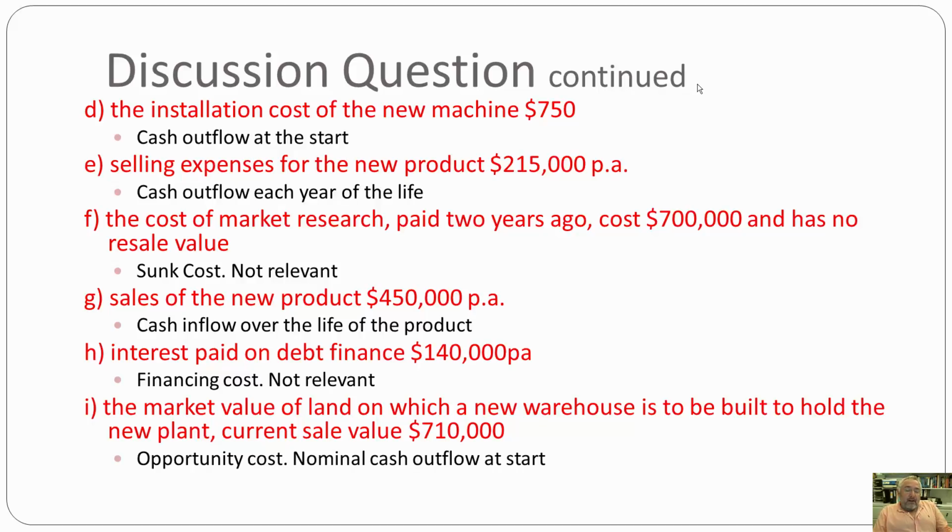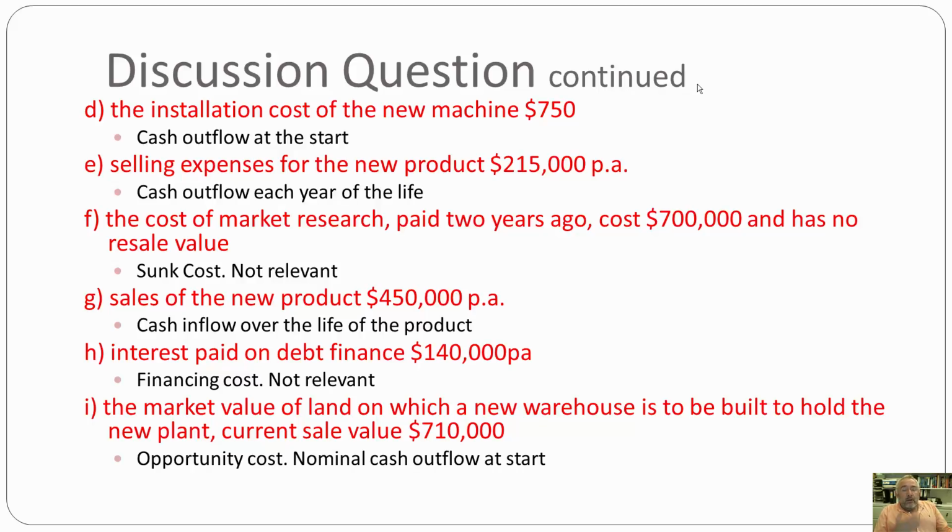Interest paid on debt finance. Remember, we're looking at the investment decision. Financing is incorporated in our cost of capital calculations. So financing cost is not relevant. What about the market value of land on which a new warehouse is to be built to hold the new plant, and its current sale value is $710,000? Do we include this?